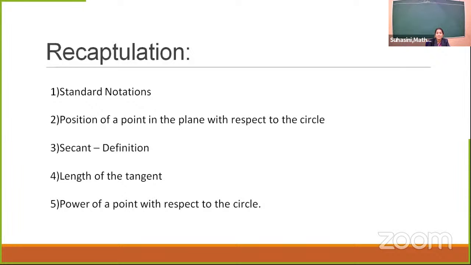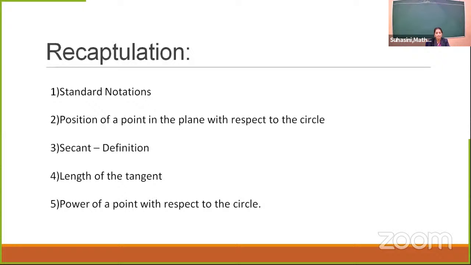So S11 less than 0 implies the point P lies in the interior plane of the circle. S11 greater than 0 implies the point P lies in the exterior plane of the circle. Then when does the point lie on the circle? When it satisfies the equation of the circle, that is, S11 is equal to 0. So, the position of the point depends upon its power, the sign of S11.